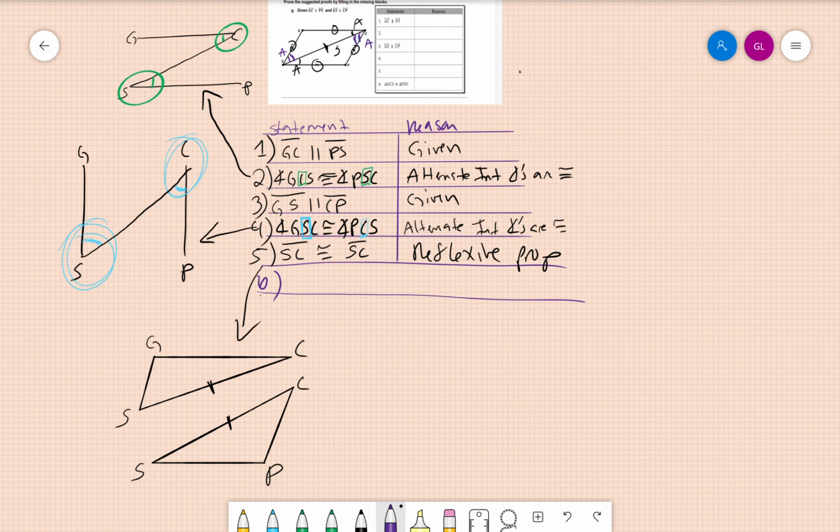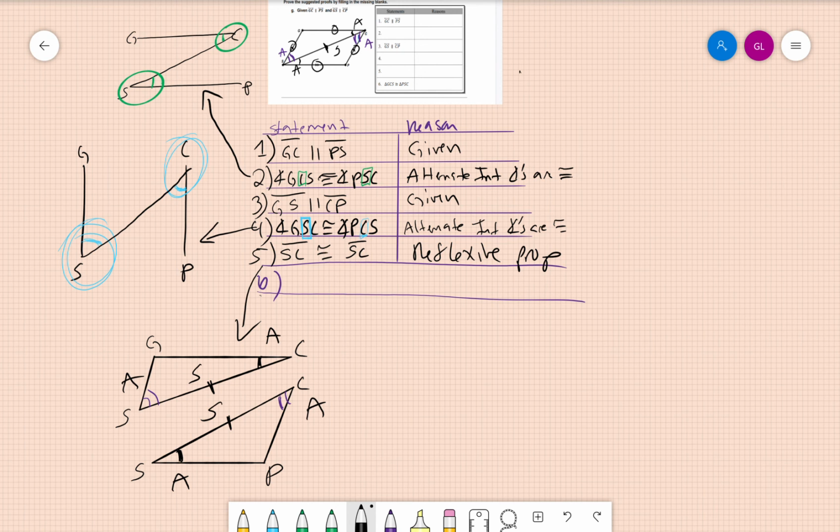And then now what we see, if we break apart these triangles here, is that the purple angle is here on that triangle, and it's here on this triangle. The black angle is here on this triangle and here on this one. So we can already see that we have an angle that is congruent on both triangles, a side congruent on both triangles, and an angle congruent on both triangles.